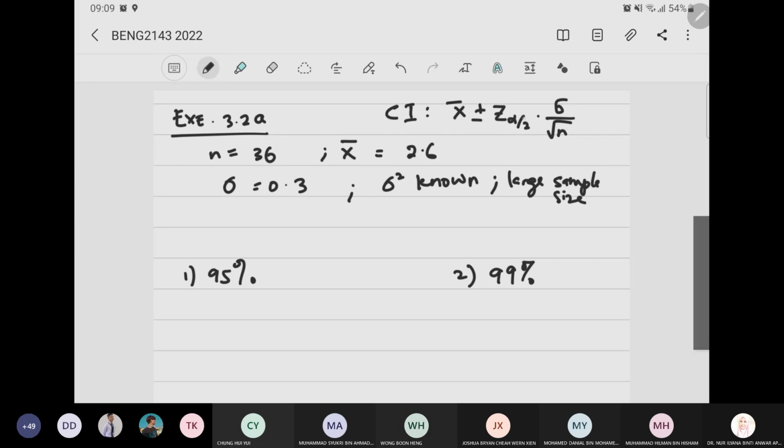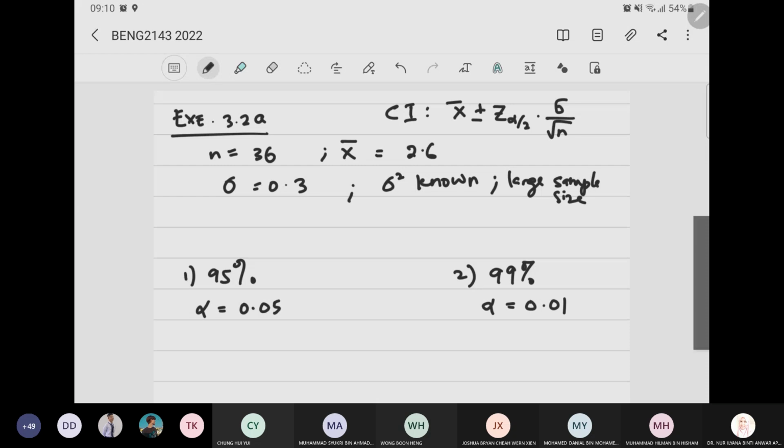To determine the critical value, we need to find first what is actually the alpha. Okay, based on the confidence level 95%, the alpha is actually 0.05. The value of alpha must be less than 1. Okay. And for number 2, the value of alpha is 0.01. Clear the difference between these two?